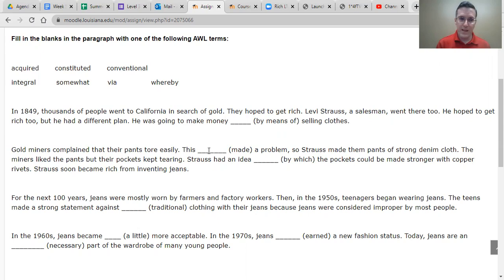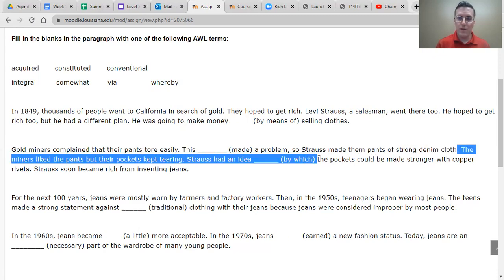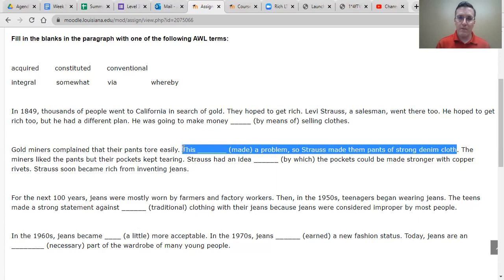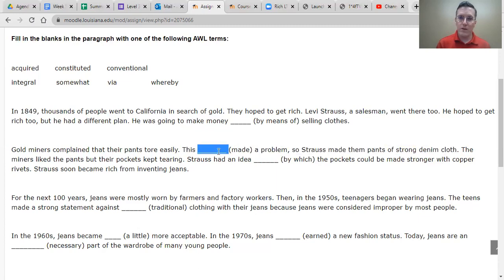Now, in the next blank, we're looking for a word that can replace "made." "Strauss made them pants of strong denim cloth." So right here, I'm missing a verb. And if it's replacing "made," this whole paragraph actually is all in the past tense.